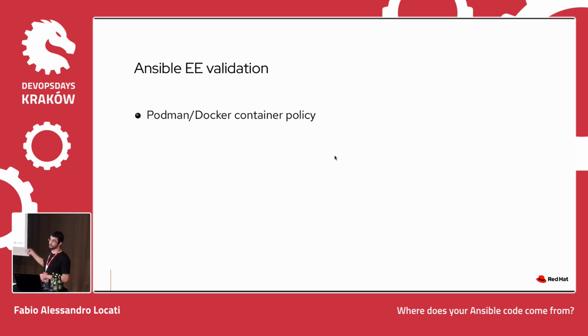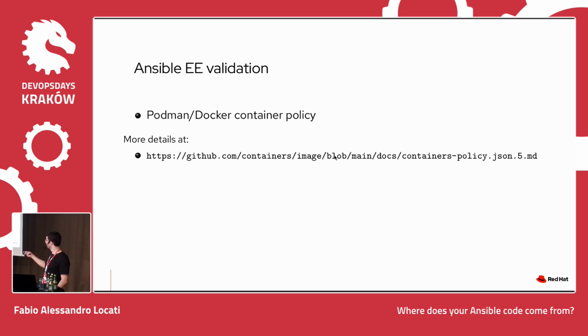We can leverage this to have that signature validation on the controller nodes or the execution nodes, if you have different nodes for controller and execution. Specific details are there, but it's a fairly used pattern also outside the Ansible space.